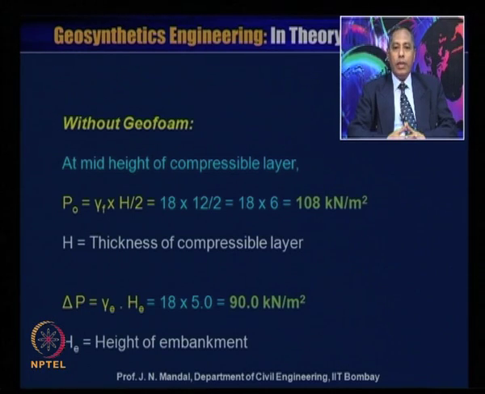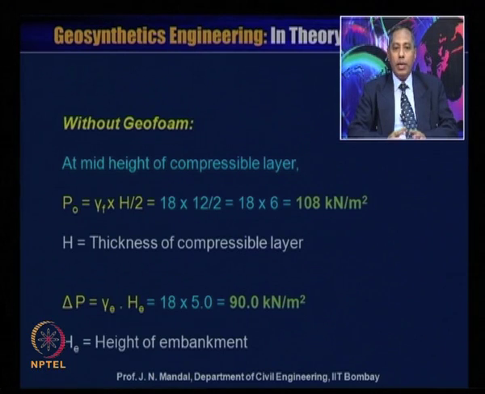So, 18 into 12 divided by 2, that means 18 into 6 is equal to 108 kilonewton per meter square. So, at the mid height of the compressible layer, P0 is equal to 108 kilonewton per meter square. You know, the H is equal to thickness of compressible layer.